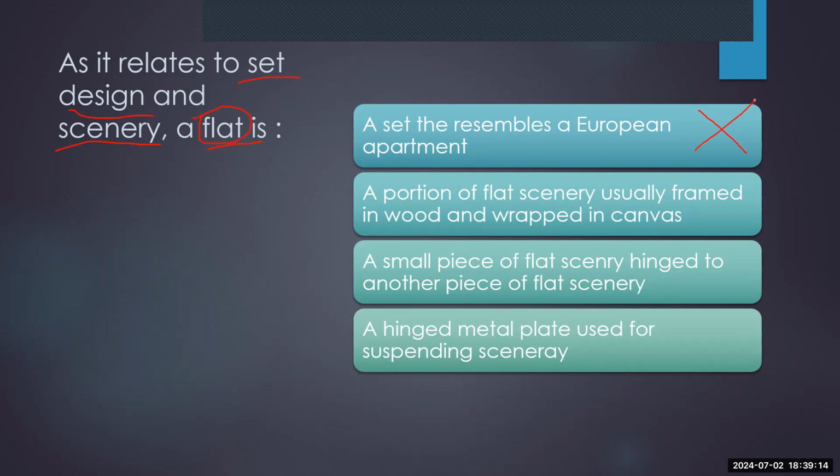All right, a portion of flat scenery usually framed in wood and wrapped in canvas. What do we think of that one? Maybe. It does use the word flat in the definition, so maybe if it's flat scenery, they do call that a flat. Right. A small piece of flat scenery hinged to another piece of flat scenery.